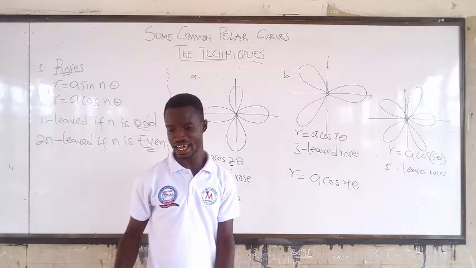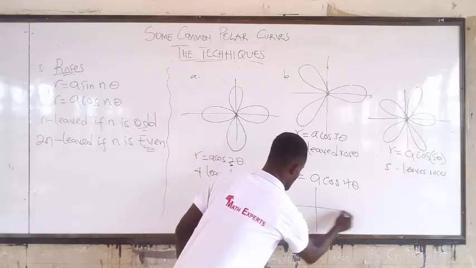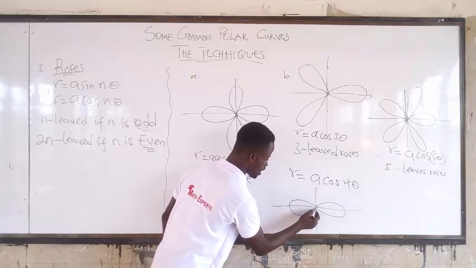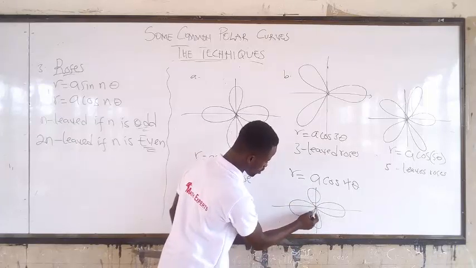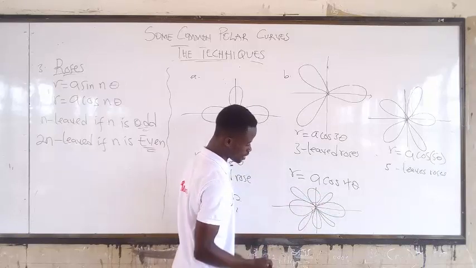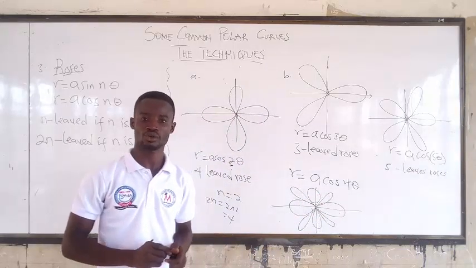So this is 8 leaves. It's going to be something like this. The first one will be here, one here, one there, one there. Then one here, one here, one here, and one here. 1, 2, 3, 4, 5, 6, 7, 8. That's how we are going to get it.